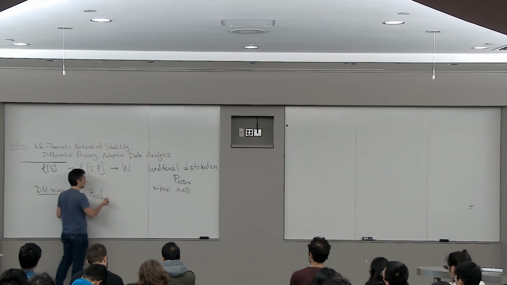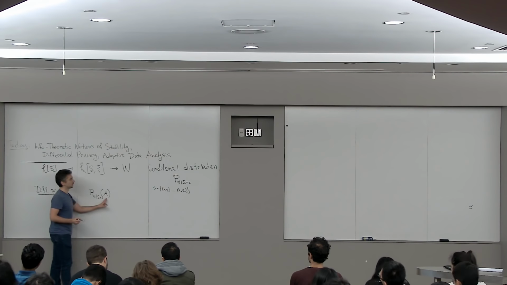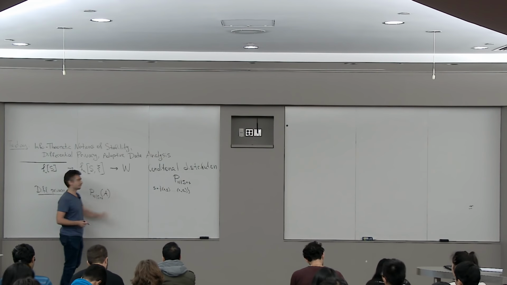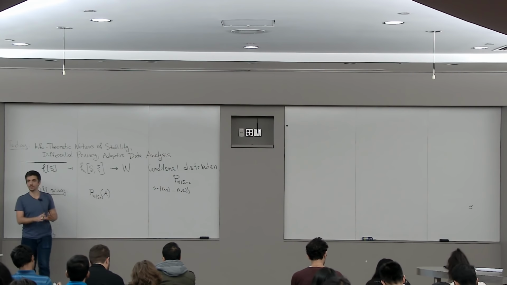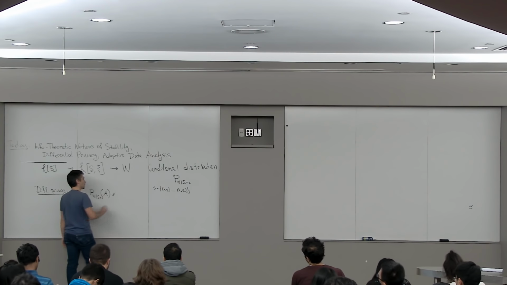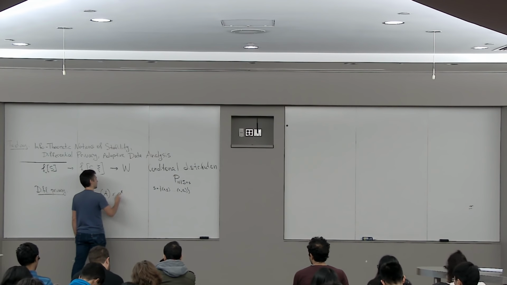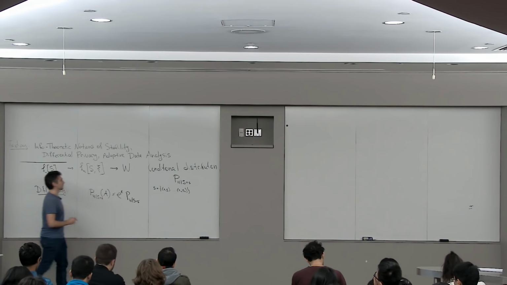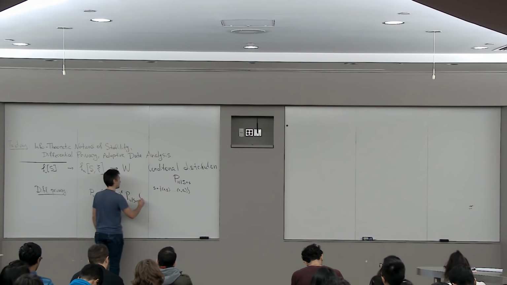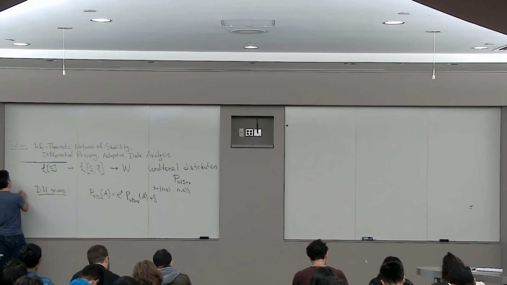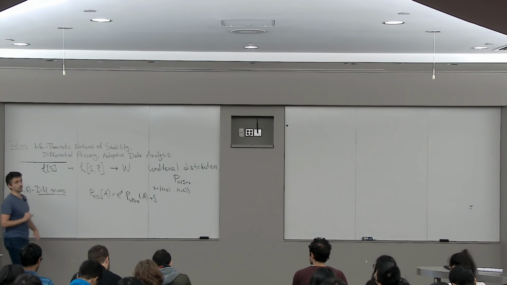It's a probability of some set, let's call it A, where A is a subset of the range of W, and I'm assuming that everything is Borel measurable and so forth. This probability is no more than e to the power epsilon times the probability of W conditioned on a different data set, S prime, in A, plus some delta. Let me say this is epsilon-delta differential privacy.